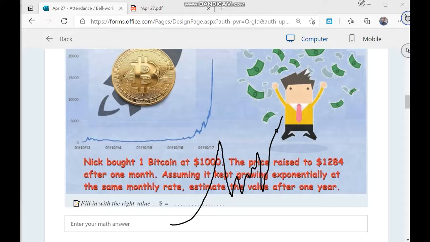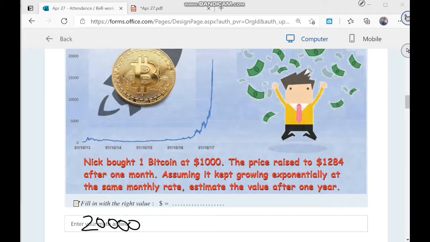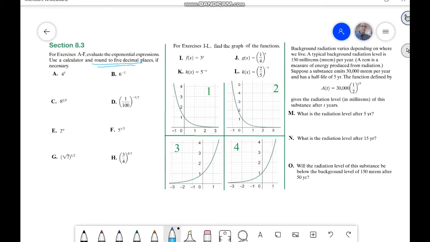So that is the example, the answer. This is 20,000, and let me see who is closer to the right answer. So the first part, you're going to use your calculator. Just be careful on rounding to 5 decimals when you need, if you don't find an exact value.